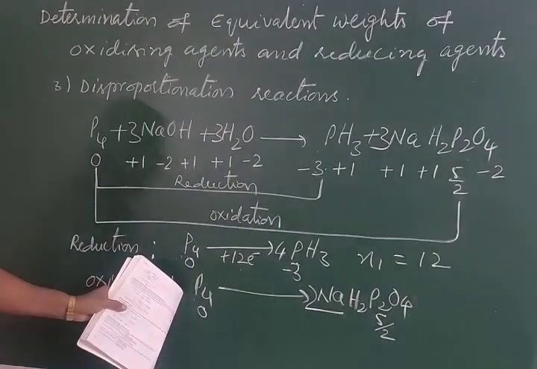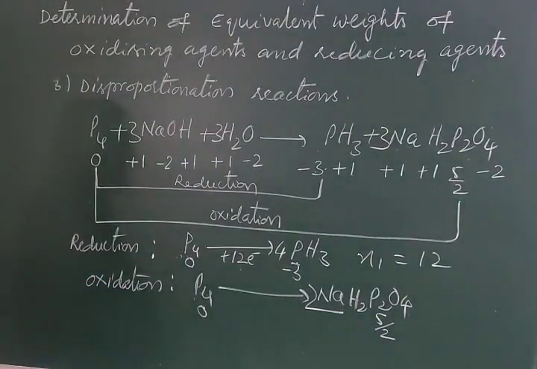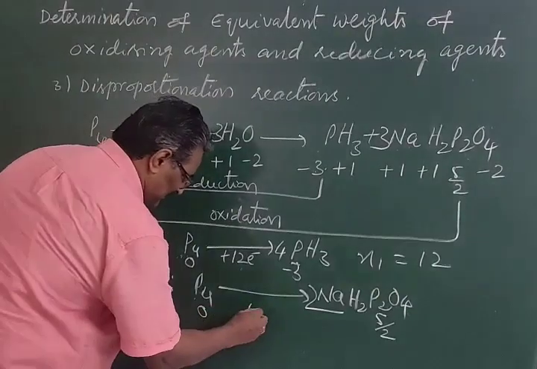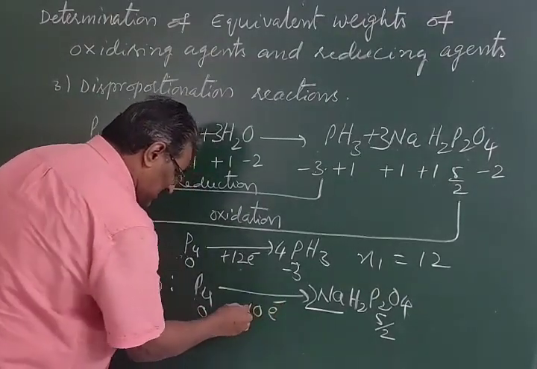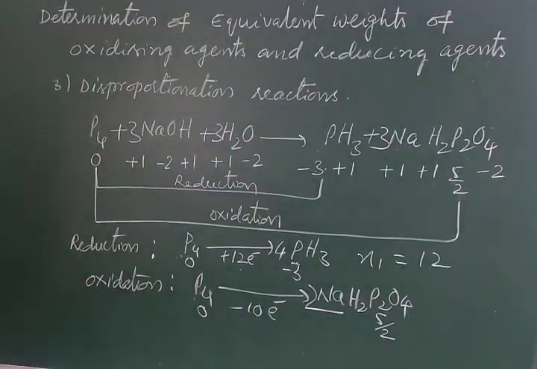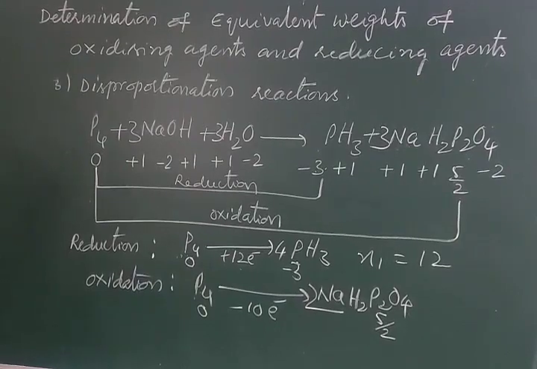There are 4 phosphorus atoms, so 4 into 5 by 2, how much? 10. So 4 phosphorus atoms lose 10 electrons to change to sodium metaphosphate.